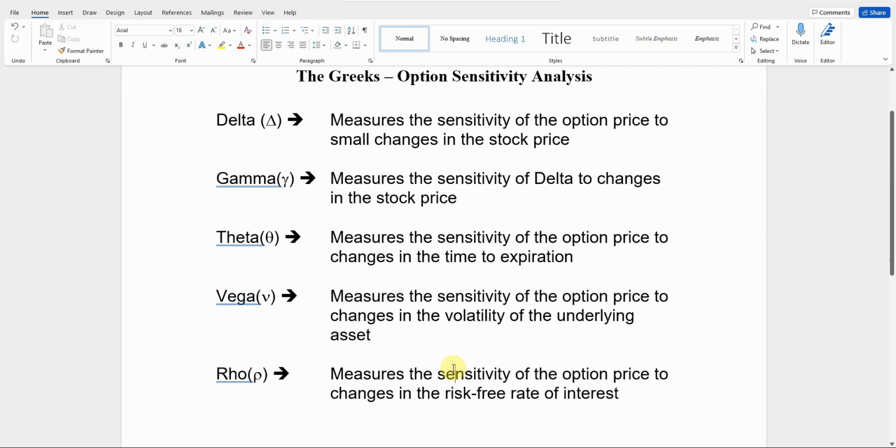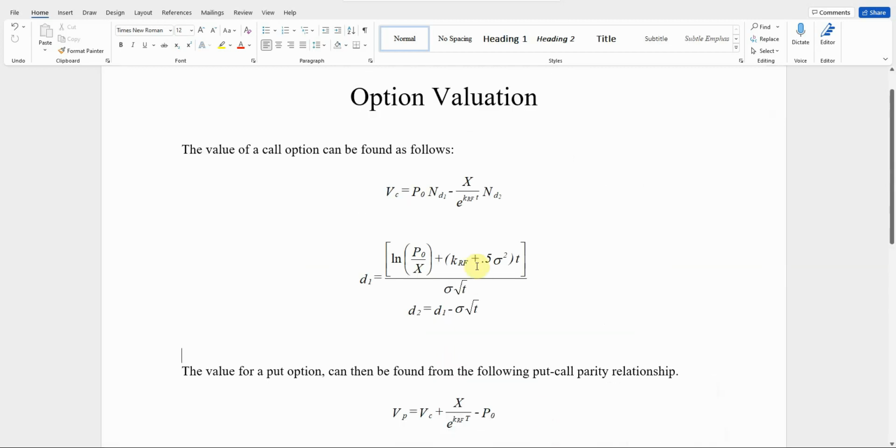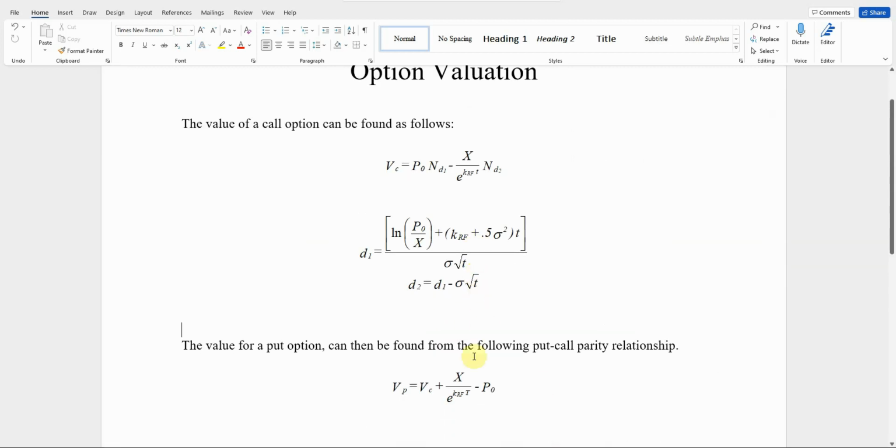And lastly, we have Rho, which measures the sensitivity of the option price to changes in the risk-free rate of interest. This one is not going to be that important. Let me briefly explain where that comes from. If I go to the option valuation, you can see this formula down here.